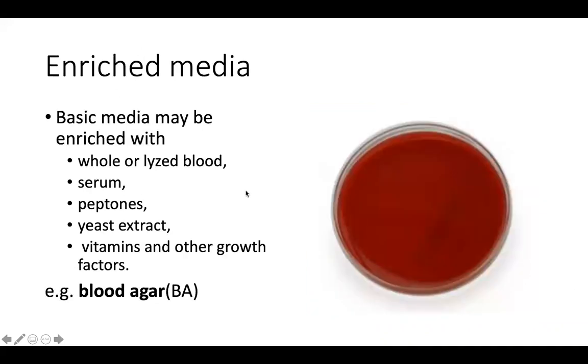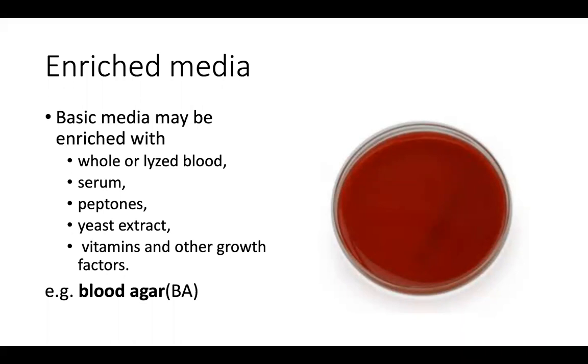Then you have the enriched media. We said not all bacteria will grow on basic medium, so you need to enrich it to increase your chances of isolating other bacteria. The commonest way to enrich media is the use of blood, usually horse or sheep blood, whole or lysed blood, serum, peptones, yeast extracts, vitamins, and other growth factors.